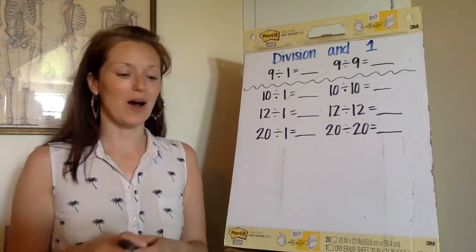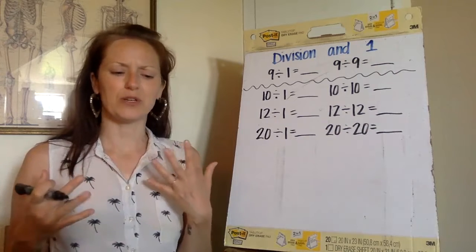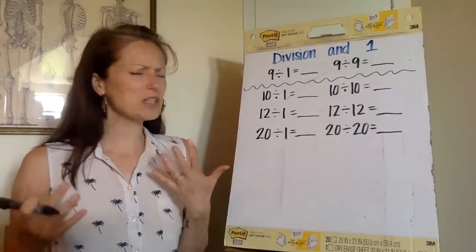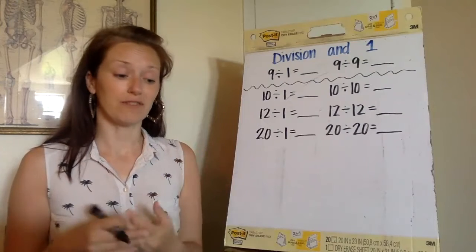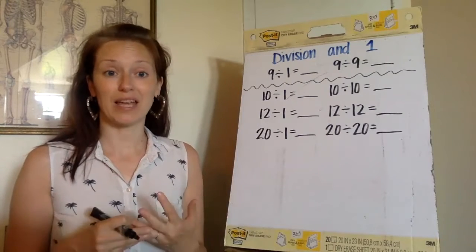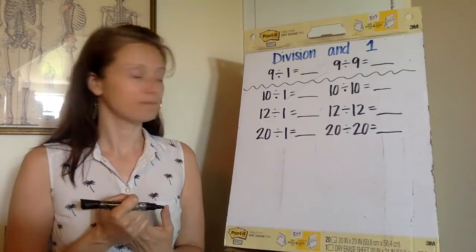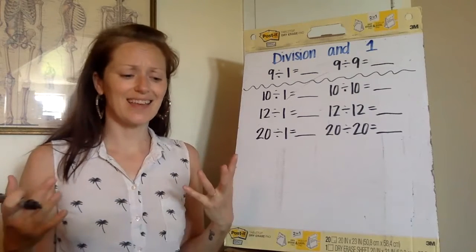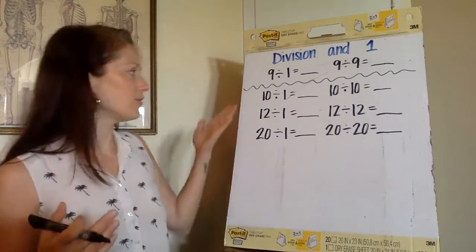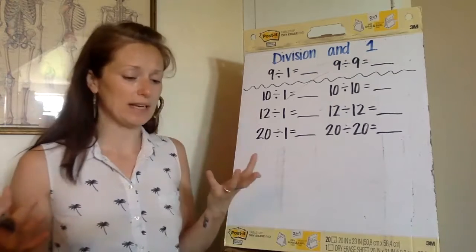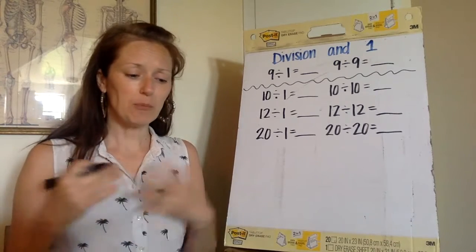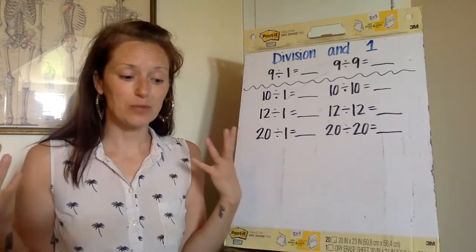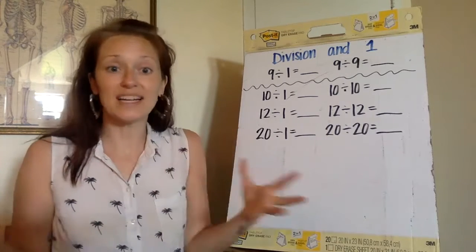So we're going to start by talking about what happens when you divide a number by 1. So what's a good general rule or a good rule of thumb or a way that we could explain what happens? So you might say that no matter how many things you might have, 10, 12, 20, if you put them in groups of 1, that's going to be how many groups you'll have, because there's just 1 in each group, right?